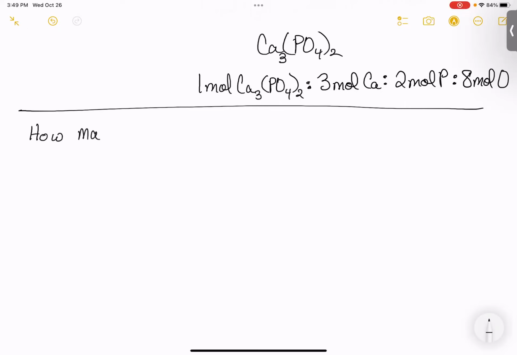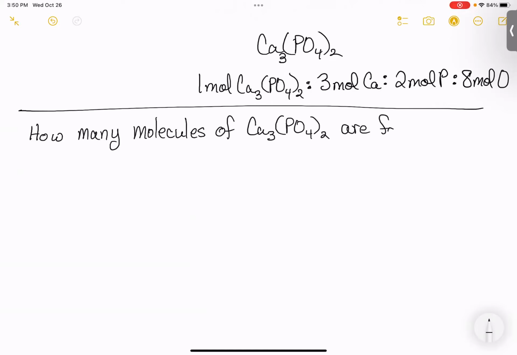How many molecules of calcium phosphate are found in 24.696 grams of calcium phosphate?